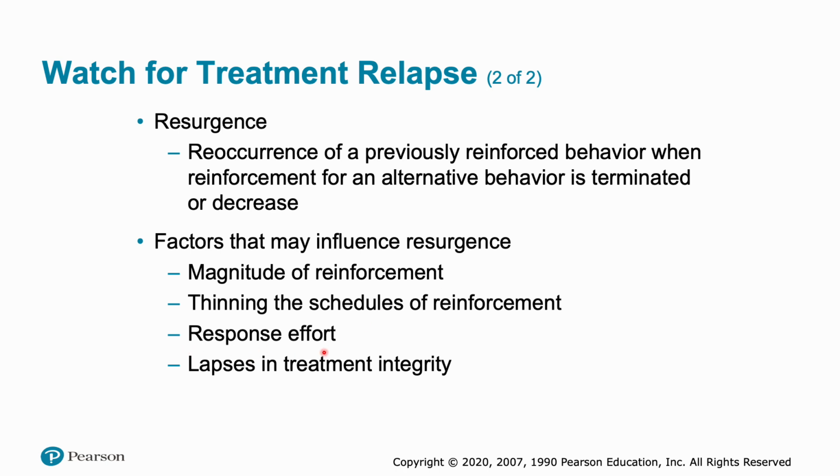If the response effort for the alternative behavior is too high, then that on its own may have an effect, and the problem behavior may start occurring again. And then lapses in treatment integrity are what I mentioned, where if your intervention is not being implemented as it was designed to be implemented, then you'll see the behavior start occurring again.